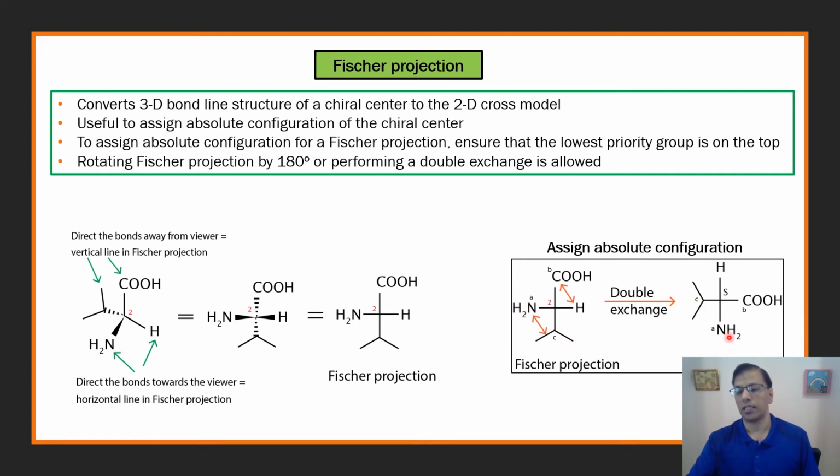Once they've exchanged positions, now the lowest priority group is on the top, and you can then look at A, and trace the path from A to B to C. You can see from going from A to B to C, this is a counterclockwise direction or path, and so the absolute configuration about this chiral center is S.